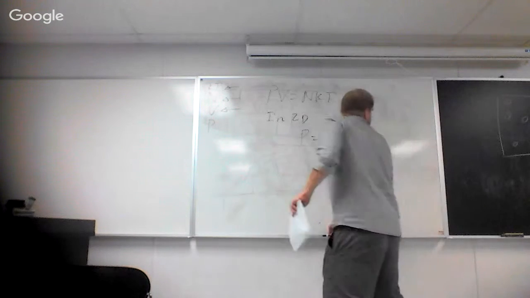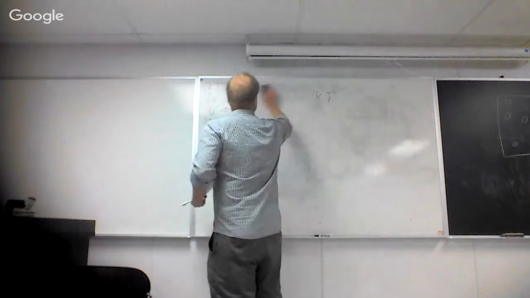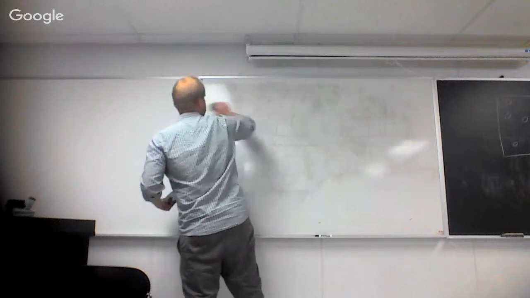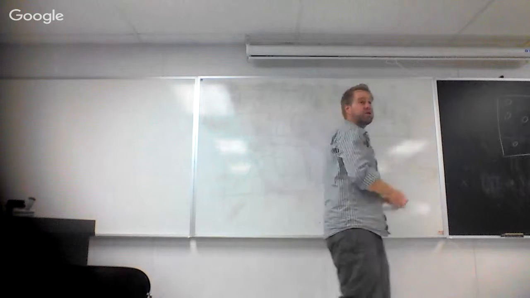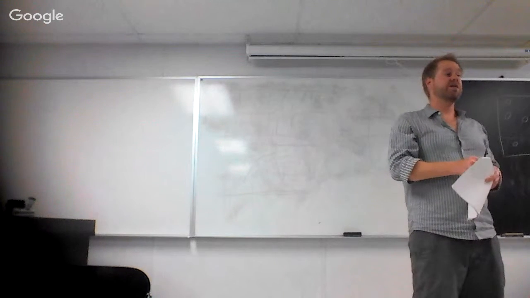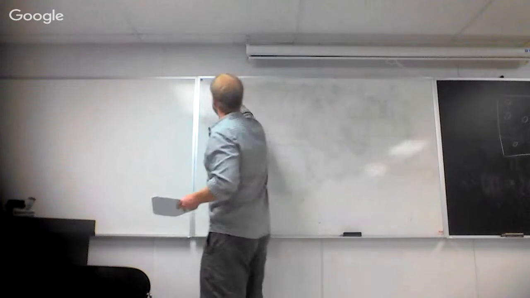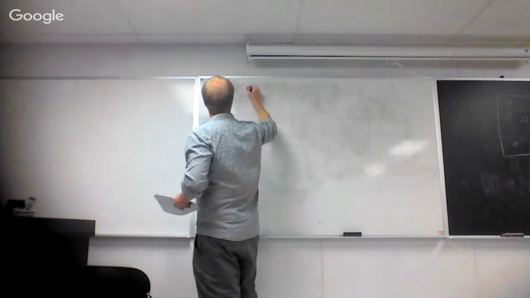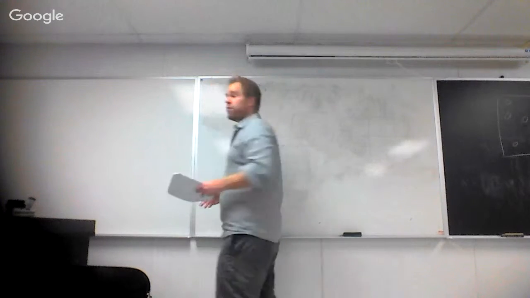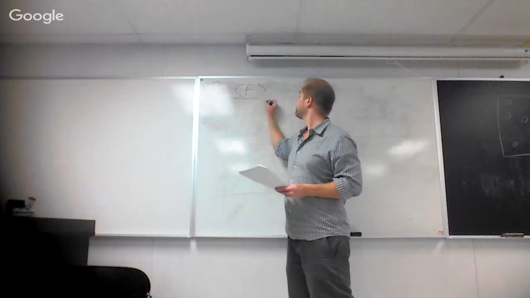What is a nice general definition of pressure, especially in the context we're talking about? Yeah, it's the force per area. So if we want to find the pressure of the system, we calculate the average force on the walls and divide it by the area of the wall.